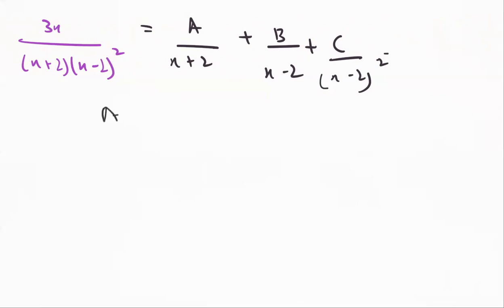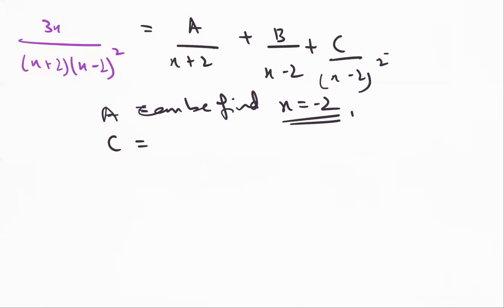If you want to find A, it can be directly found when we put the value of x equals -2, and similarly C can be directly found when we put the value of x equals 2.